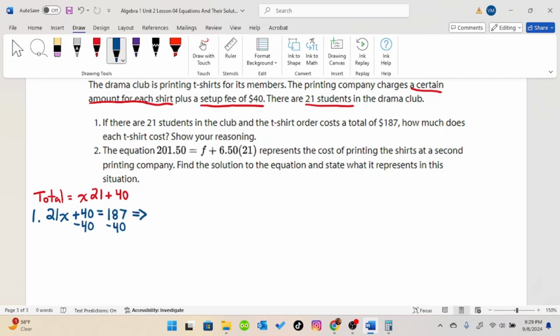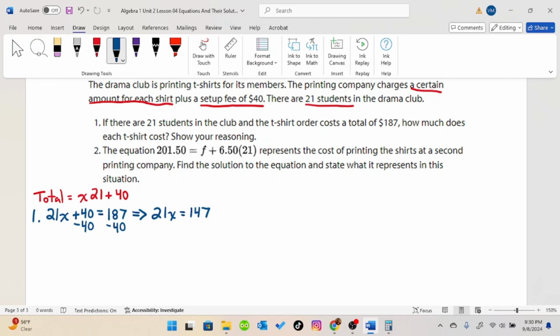So now the plus 40 minus 40 cancels each other out, and this becomes 21x equals 187 minus 40 is 147. Again, we want to end up with x on one side and a number on the other side.